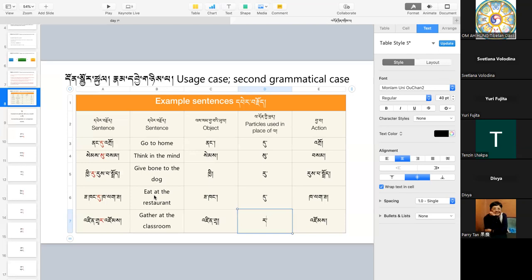So the object is a very varying concept. Sometimes it could be the position where the action has been done. Sometimes it's a benefit. It's a beneficial action done towards something. Sometimes it's simply an action done towards a direction. Sometimes it's something that is done inwardly.